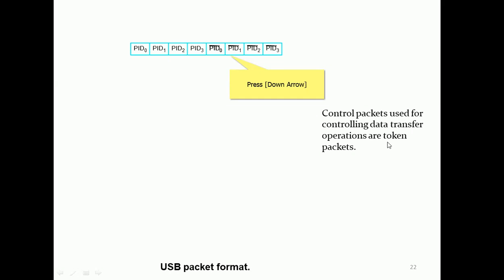PID 0 to PID 3 is the normal data, followed by its complement. If PID 0 to 3 are all 0, then the complement bits are all 1. The complement of 0 is 1, and vice versa. In such a way the packet identifier field is sent.